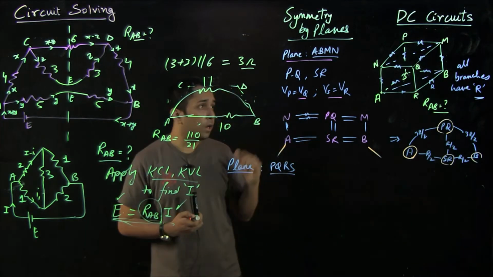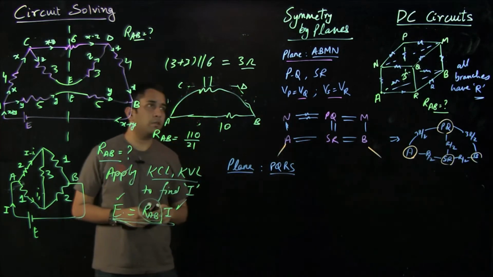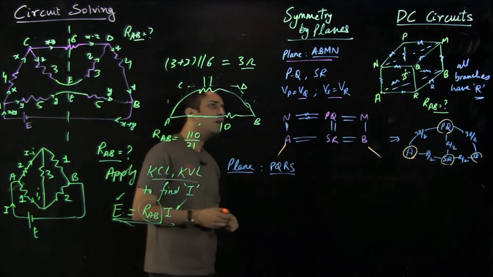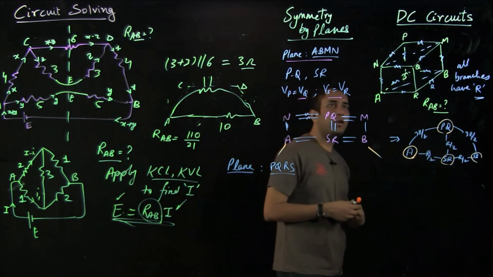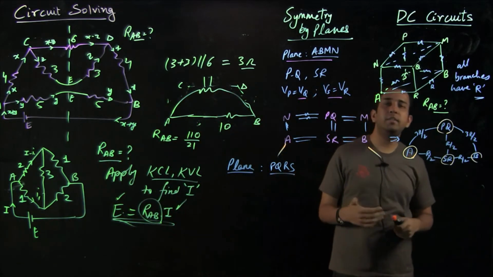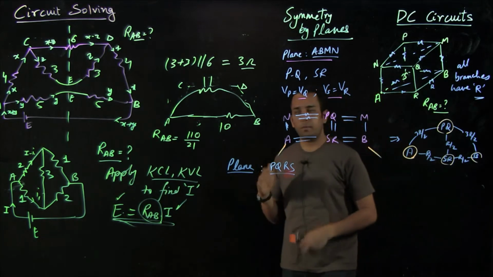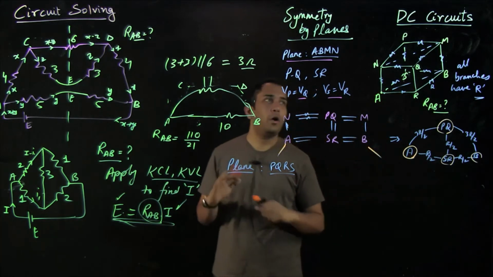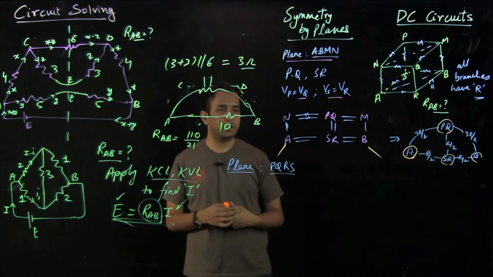And now recall the property of symmetry along the plane or axis which is perpendicular to AB: the points at which the plane or the axis is cutting the circuit are all at equal potential.